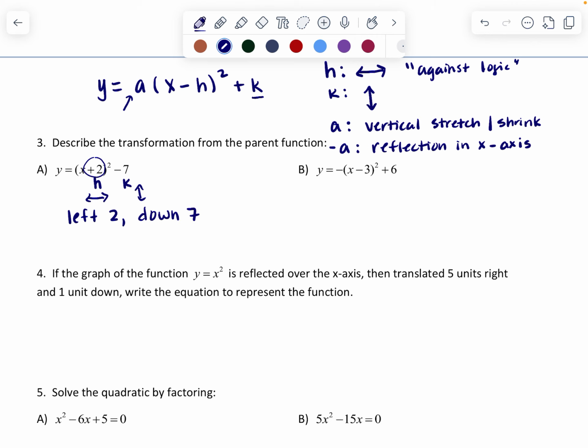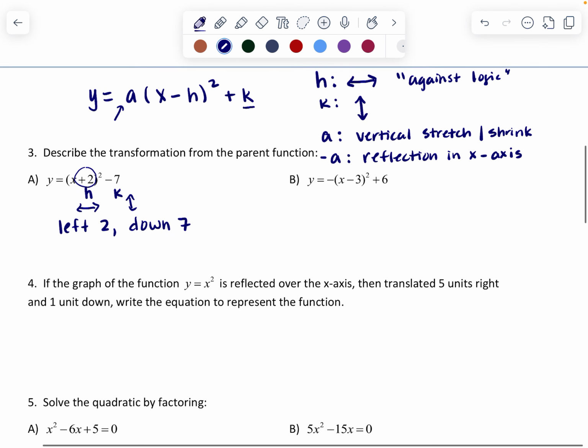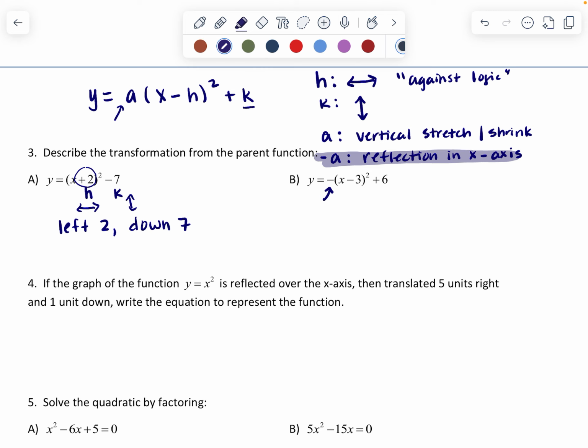If you look at B, you guys notice there's a negative sign in front, right? Remember what I said about the negative sign. A negative sign is a reflection in the x-axis. So if you see a negative sign in front of that parenthesis, you can say there's a reflection in the x-axis.